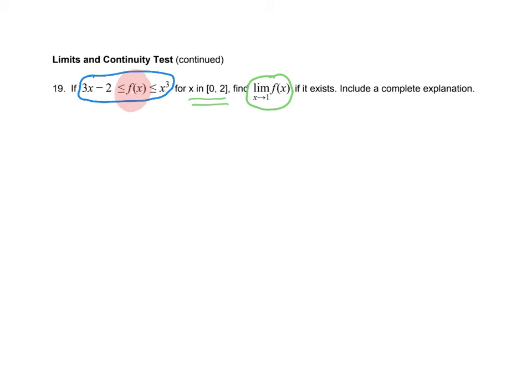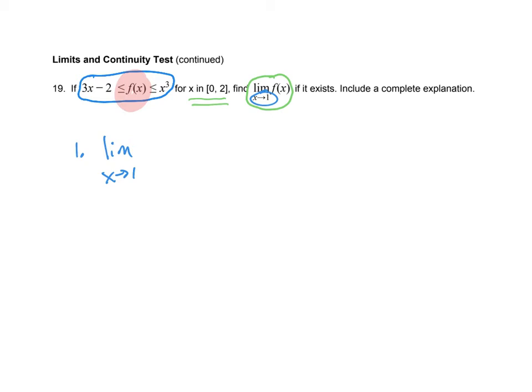So here's the strategy for problems like this. Any kind of sandwich theorem. You have the functions that do the trapping, so we're going to compute each limit. Step 1, limit as x approaches 1, because I want to use the same value there.